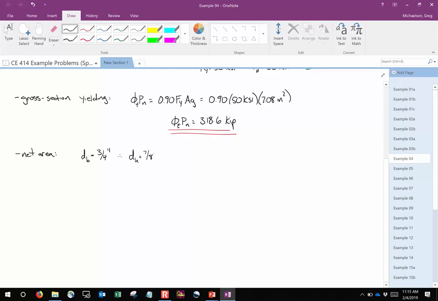Because I think they just released a version of the manual here recently that corrected that, but we'll see. All right. We have the hole diameter. Help me out. How many holes do we need to subtract from this cross section?